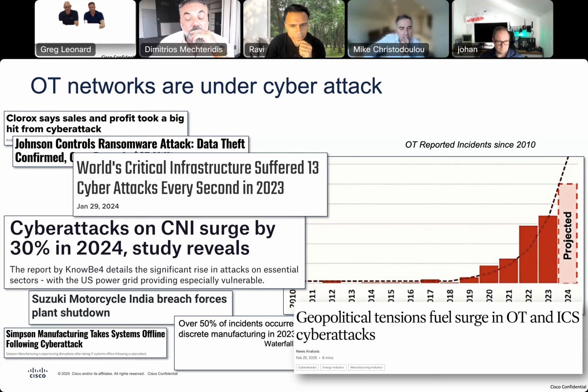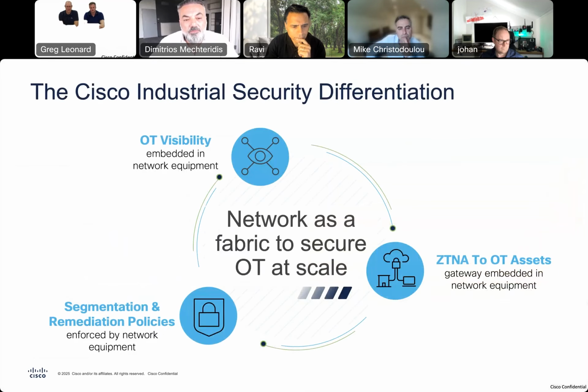But not to fear. There is hope, and there are security tools out in the market today that will significantly help protect against and mitigate OT security threats. And all cybersecurity vendors out there have their own ways of offering customers value for protecting their OT networks. And Cisco has its own approach, which I think is unique on the market.